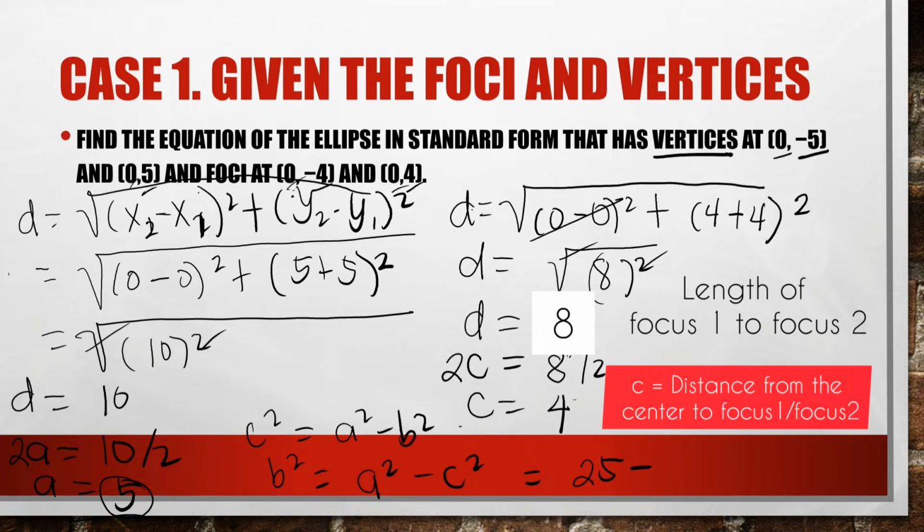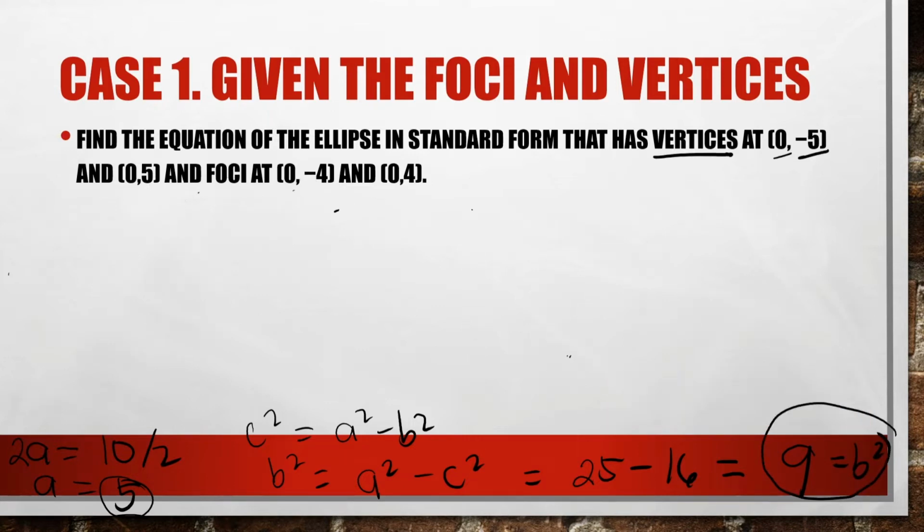Ito yung c natin. So, 4 squared is equal to 16. So, 25 minus 16 is equal to 9. So, yung b squared natin is 9. So, nakuha na natin yung a, b, and c. So, a squared is equal to 25, b squared is equal to 9, c squared is equal to 16.